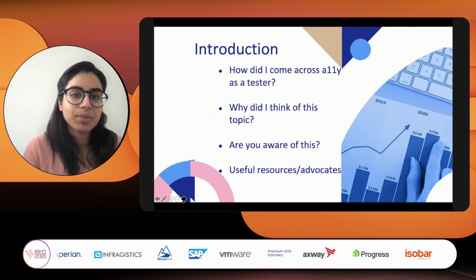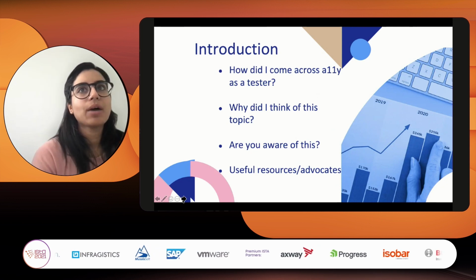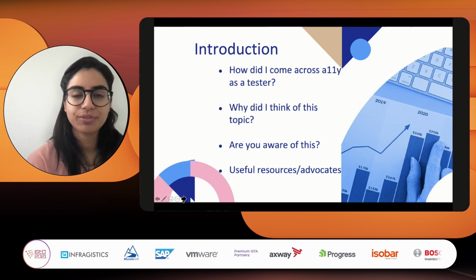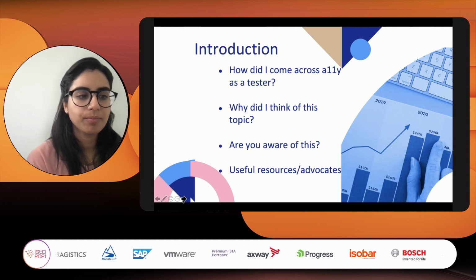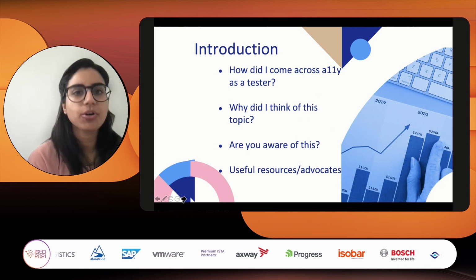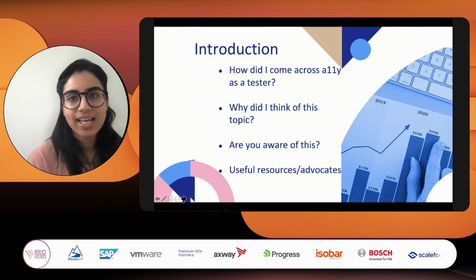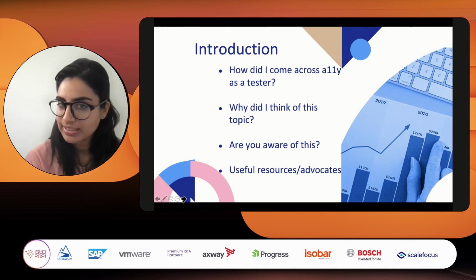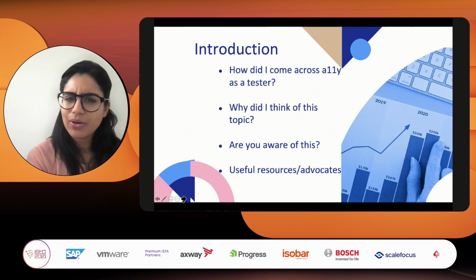How did I come across accessibility as a tester? So first time, I was actually working on a project for an open source product. Open source product for a bank. And it was a front-end product and we went live without thinking about accessibility. And the manager came running around saying, have you thought about accessibility?